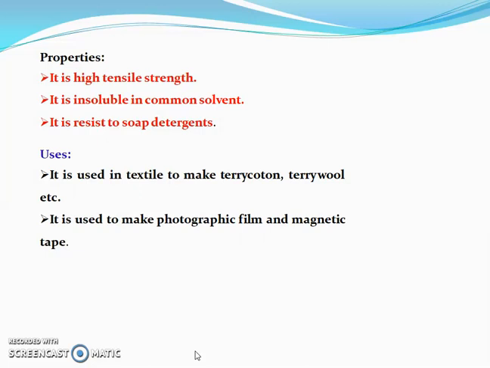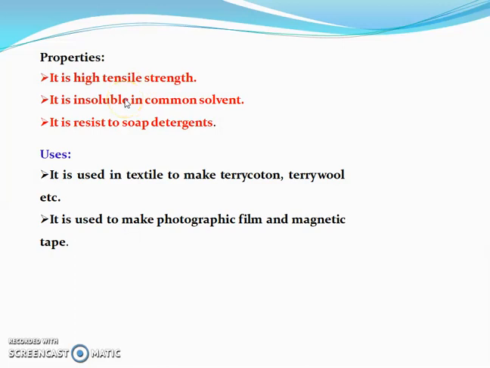According to this preparation, terylene has these properties: it has high tensile strength along the axis, and it has abrasion and crush resistance.